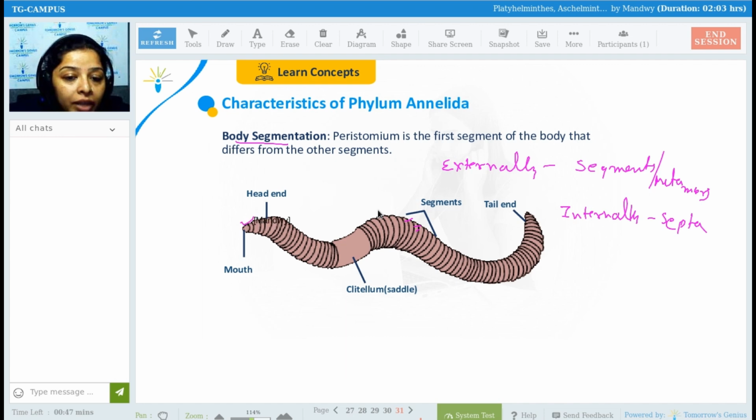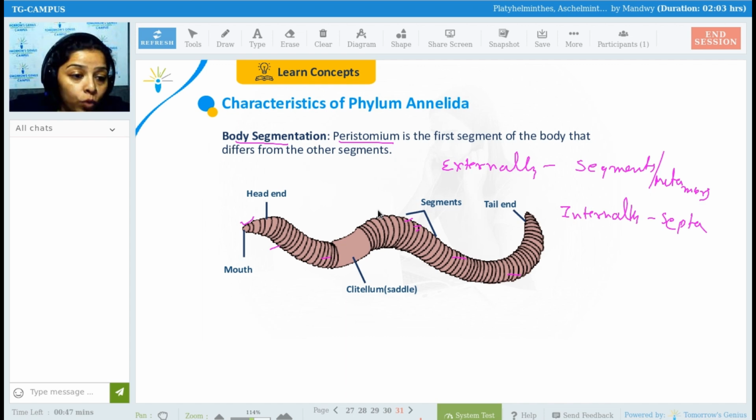The first segment of the body is the peristomium. This is completely different from the other segments of the body.